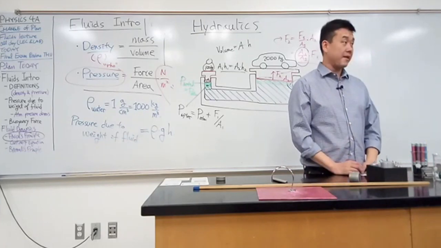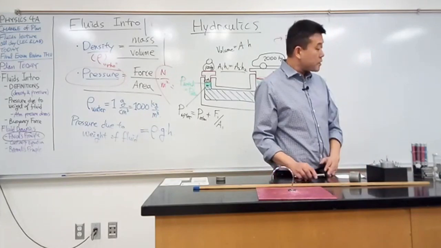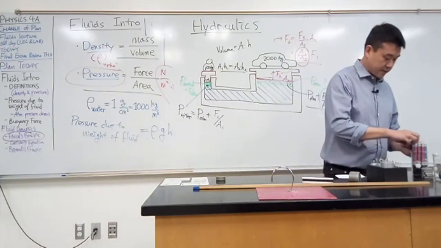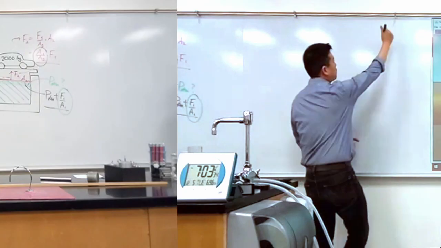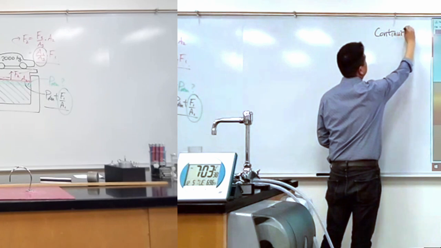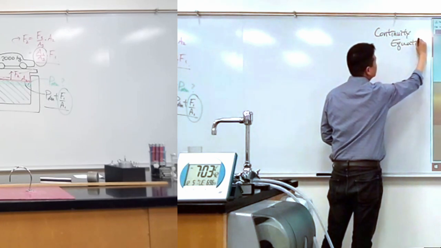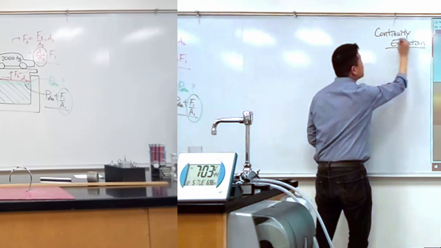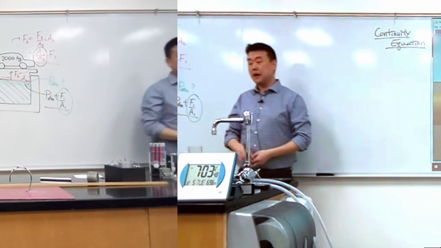I want to get more mathematical, in a way you might not have seen in other science classes. The first thing I want to address is a consequence of something called the continuity equation. There are at least two different ways of expressing this that I know of.